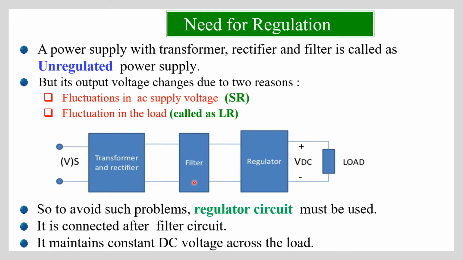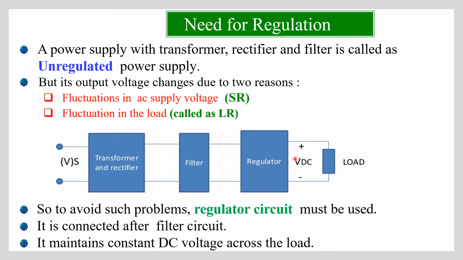Therefore, to maintain a constant voltage across the load even when there is a variation in either the AC supply voltage or the load current or both, voltage regulation is necessary.